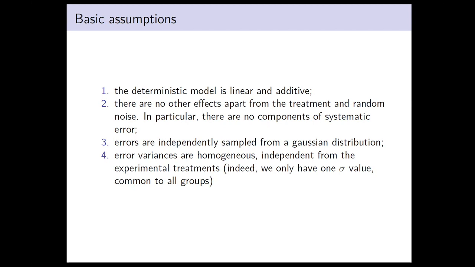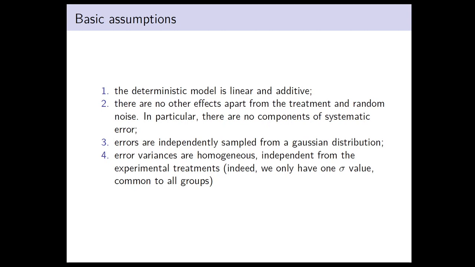So it's purely additive. There are no other effects apart from the treatment and random noise. This is an assumption. There are no components of systematic errors. Okay, this is a very important assumption.